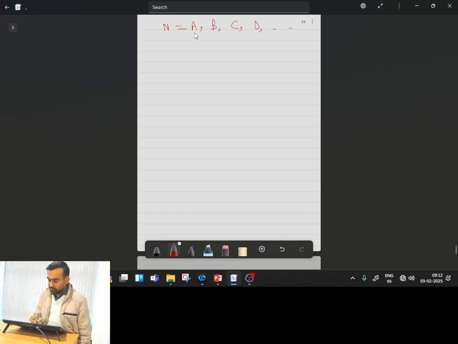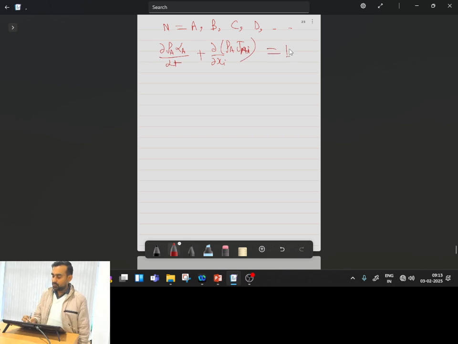In this scenario, the continuity equation for phase A will be del rho A into alpha A by del t plus del by del xi of rho A into j A i. Is this point clear?